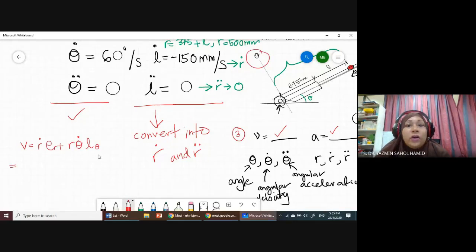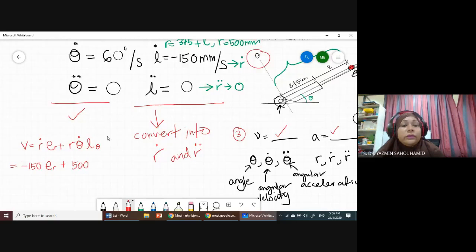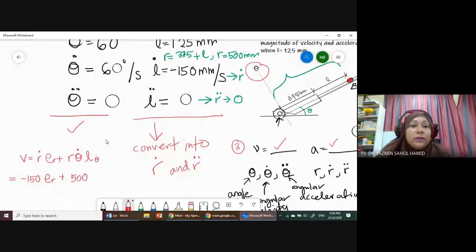So what is r dot? Our r dot is negative 150. What is our r? 500. What is our theta dot? 60 degrees per second.